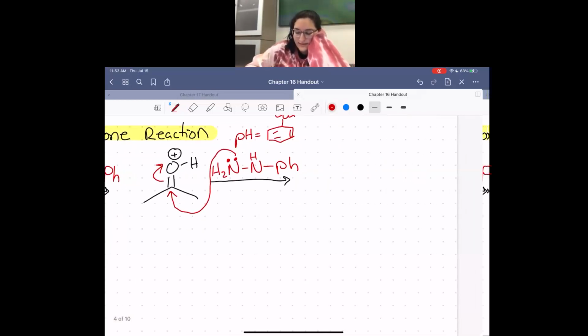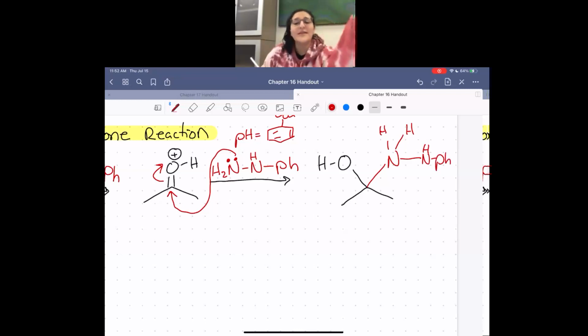And we get this ugly monstrosity. Literally, look at this. Disgusting, right? And just like we've done in every other reaction, we're going to have that lovely intramolecular proton transfer. We're going to give those electrons back. Nitrogen is immediately going to use those electrons to reform the double bond and kick out the leaving group.